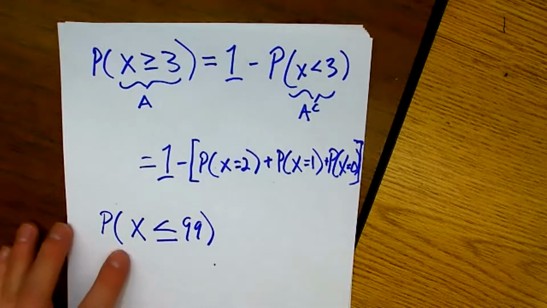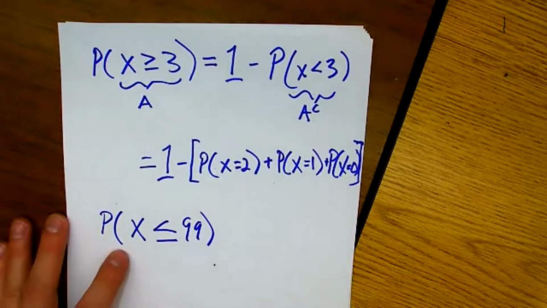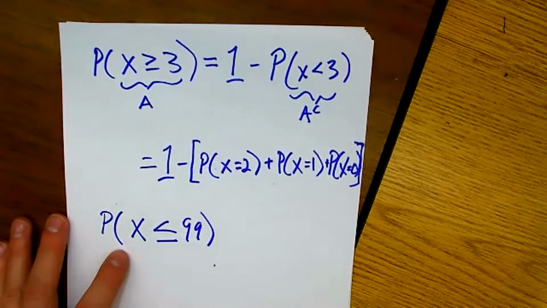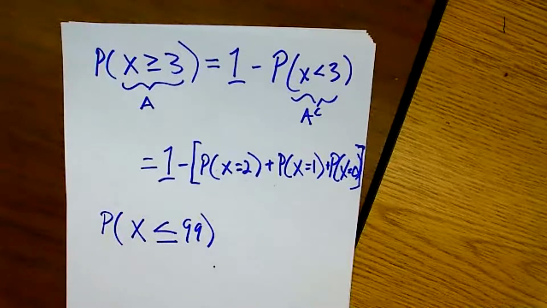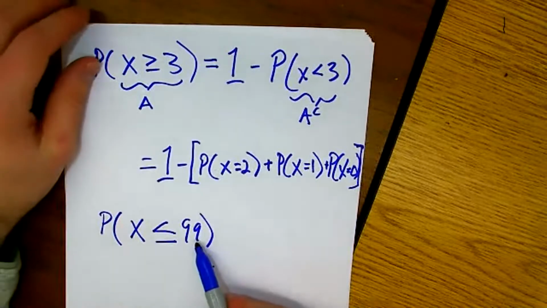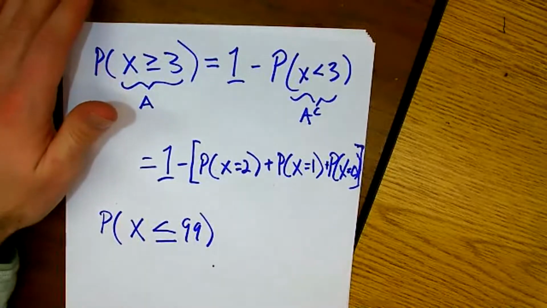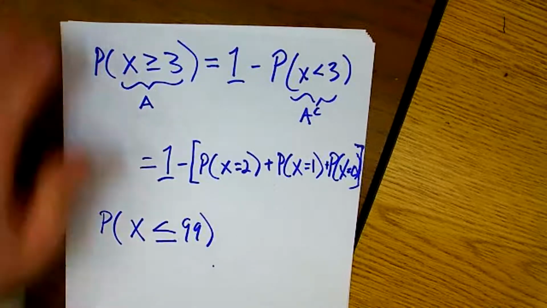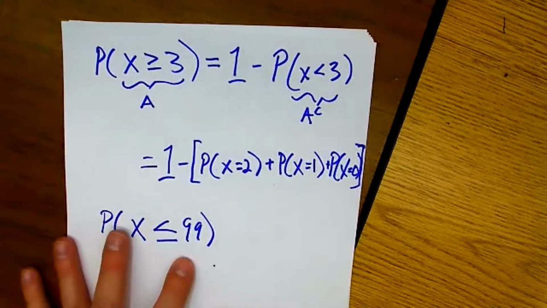Well, first of all, this probability should be pretty close to what? Think about it this way. What are all the possible outcomes I could see? I could see 0 out of 100 come up heads, 1 out of 100, 2 out of 100, all the way up to 100 out of 100.